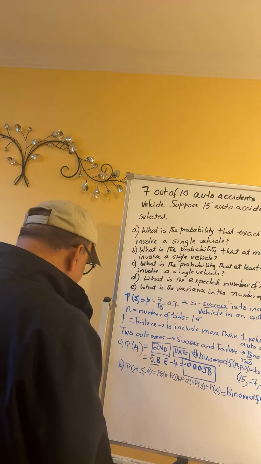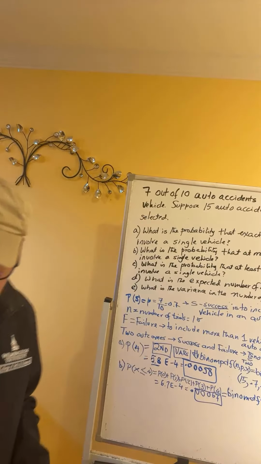When you are on paste, hit enter twice, and the answer is very small also. So this is 6.7 e minus 4. Like before, after the decimal there will be 3 zeros, and the 6 will be at the 4th position. This is also very small. So this is x less than or equal to 4, at most 4.